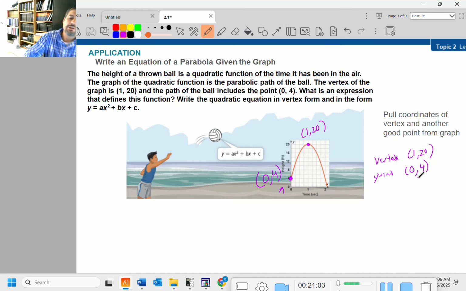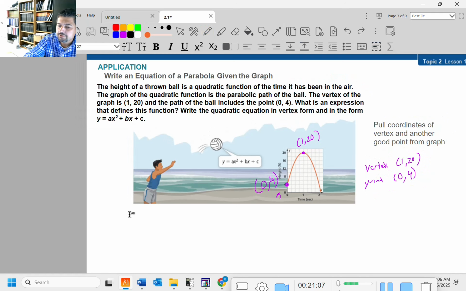All right, step 2 is to plug h and k, or plug the vertex, into vertex form. That's the first step. Plug the vertex into vertex form. And it wouldn't kill you to write vertex form down again. A times x minus h, quantity squared plus k. That's vertex form, boys and girls.